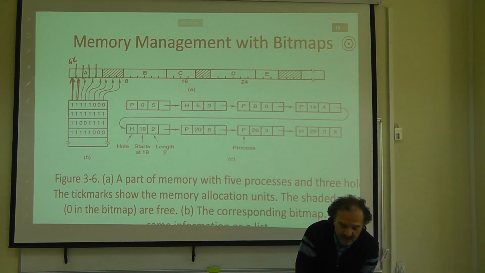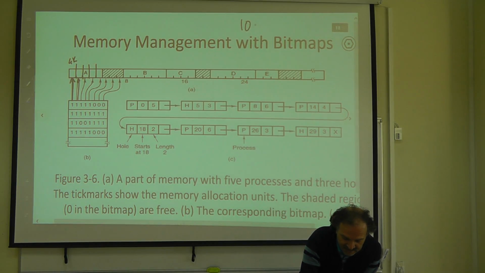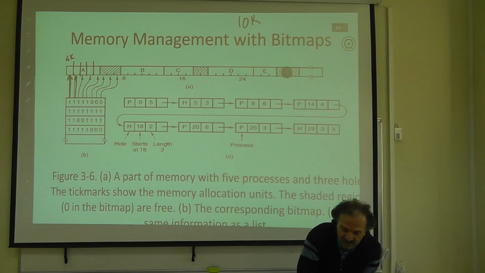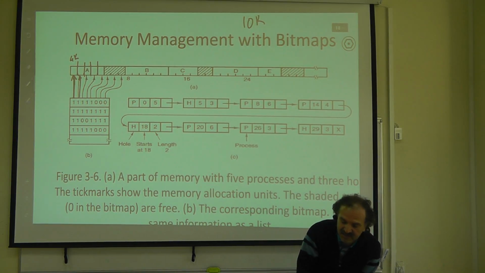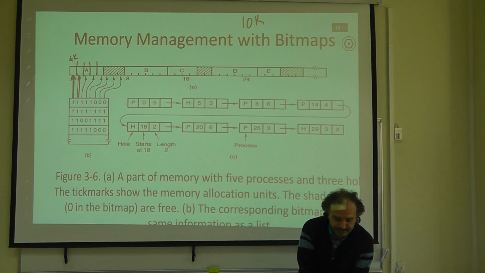So if you have a new process being loaded to the memory, and if the new process needs, let's say, 10 kilobytes of memory space, then we would find the suitable position where this much memory is available, and we would get those. So we don't look at these ones, we check these zeros.